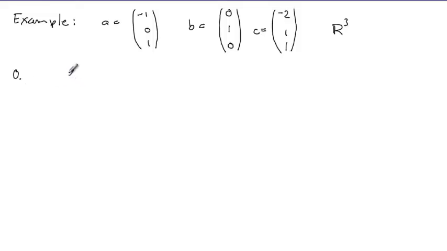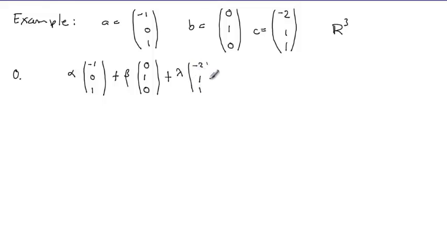We've got alpha multiplied by (-1, 0, 1) plus beta multiplied by (0, 1, 0) plus lambda multiplied by (2, 1, 1) equals (0, 0, 0), our zero vector in R3.